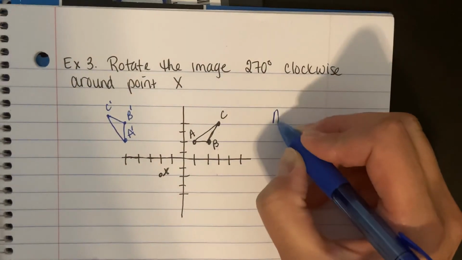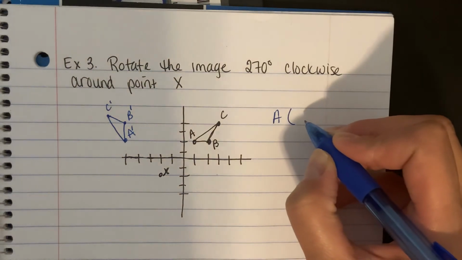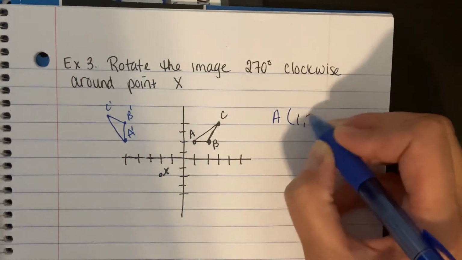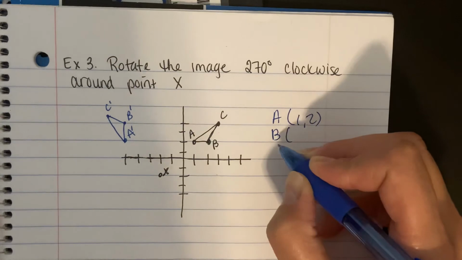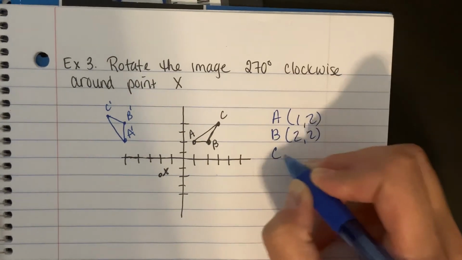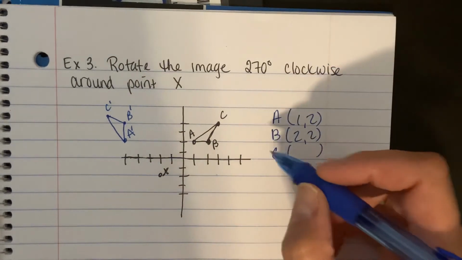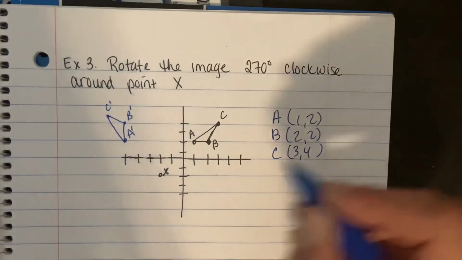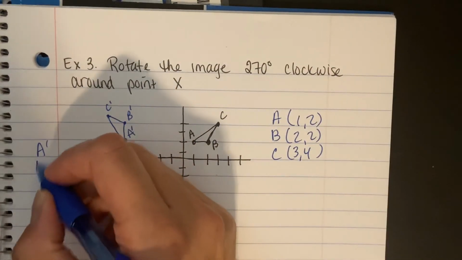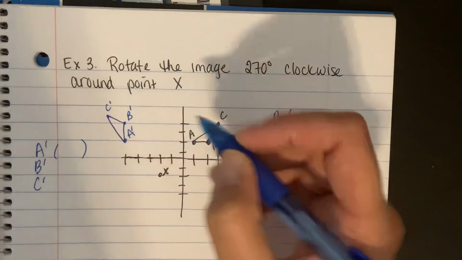So I know that point A is at (1, 2), point B is at (2, 2), and point C is at (3, 4). Now for my new points, we're going to try our best to figure out what these are.